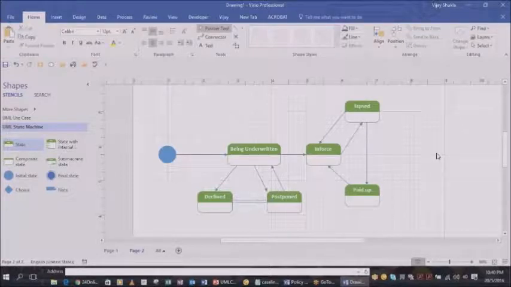So as you can see, we are quickly able to cover and prepare the diagram. And then these two arrows are superfluous, let me delete them.